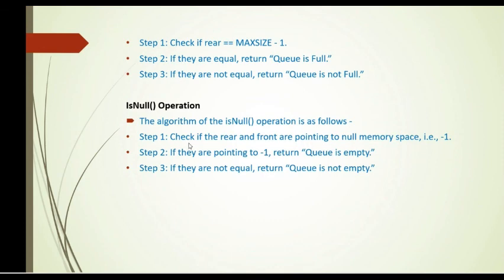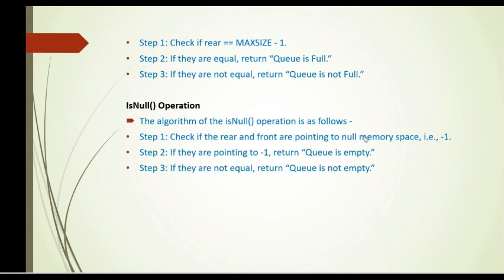The isNull or isEmpty function. This function will tell you if the queue is empty or not. Now, how can you check it? It is again very simple. You just need to check the initial condition, which is rear and front both pointing to the null memory space, that is minus 1.